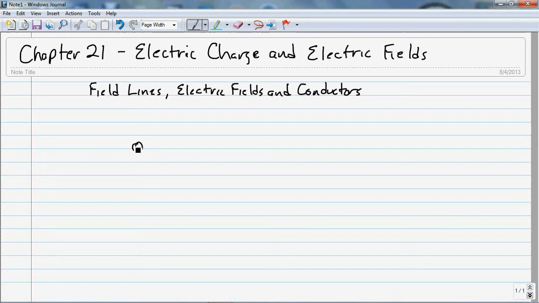So if I have a positive charge and a negative charge, there's a field that exists all around these two charges. So this is just one line, but you're going to have field all over the place.